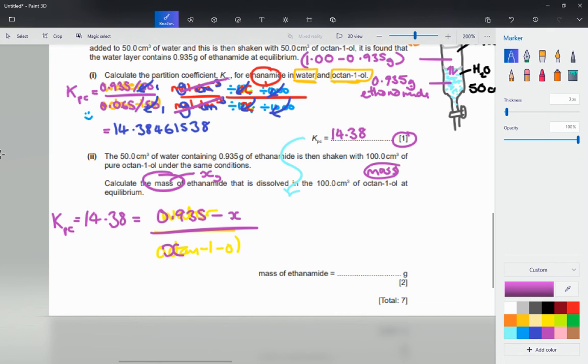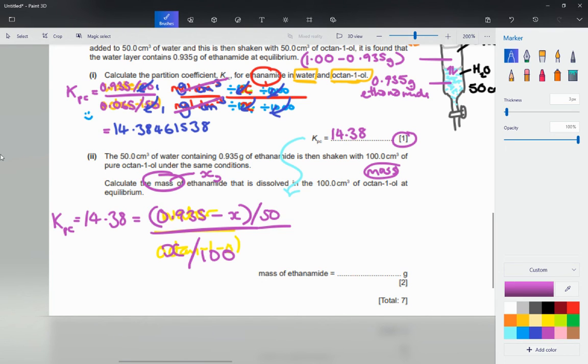Now what you need to do is incorporate the fact that the volumes are different. So you start off with 0.935 minus x, which remains in 50 centimeters cubed, and the x that goes across is now dissolved in 100 centimeters cubed.